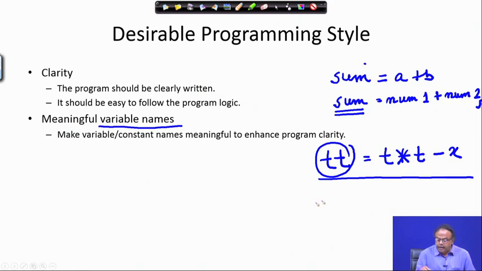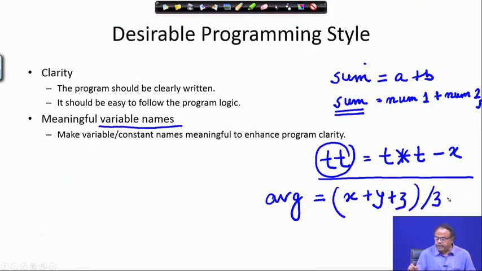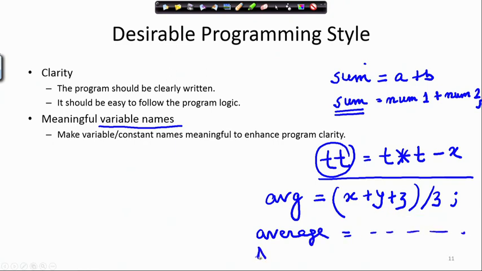If, for example, I am computing average as AVG, that is x plus y plus z divided by 3, it is very understandable, semicolon. I could have written the full word average equals this, or I could have written AVG, all these things are fine.